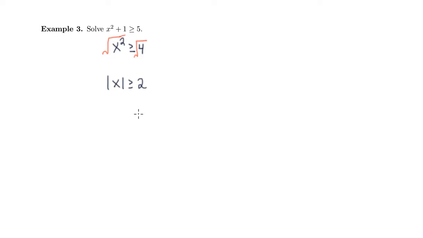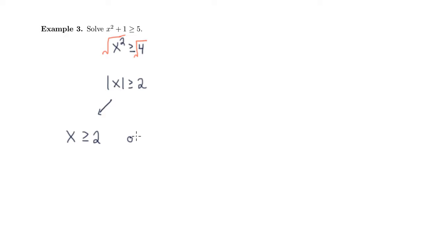Now if I want absolute value of x to be greater than or equal to 2, actually two things can happen. Sort of like in the last example, I needed two things to happen to be less than 3. Here, one of two things could happen for absolute value of x to be greater than or equal to 2. The first one is that x could be greater than or equal to 2.